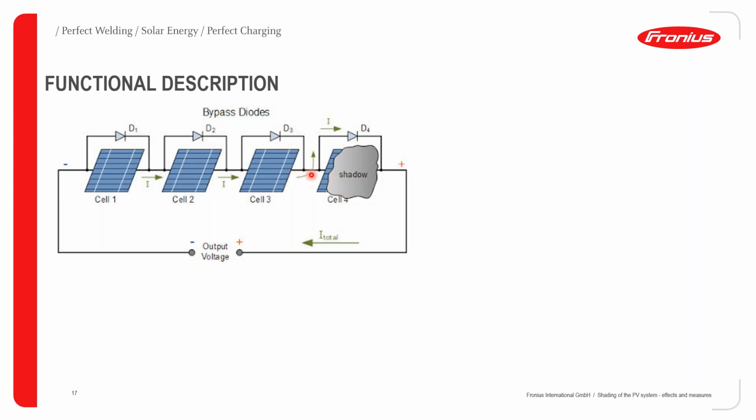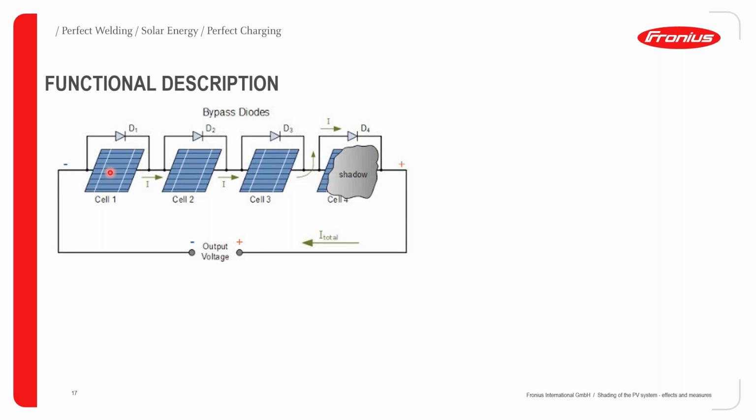So what the bypass diode does is, once this happens, this junction becomes active. That is, the diode becomes active, and then the current can now pass through the diode, and then you can now have an output power that exempts this shaded cell.